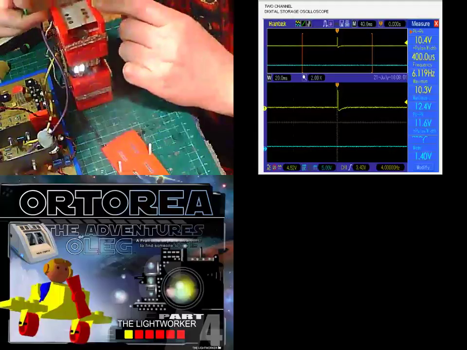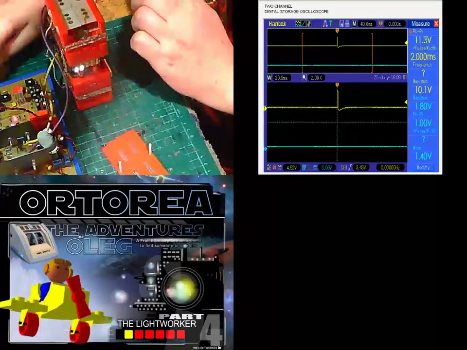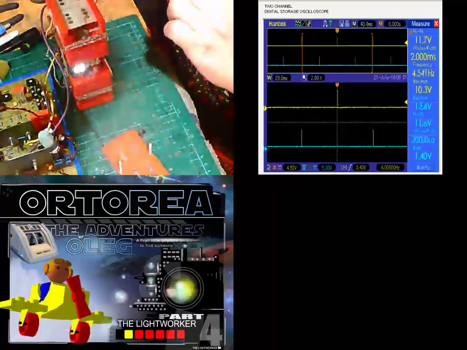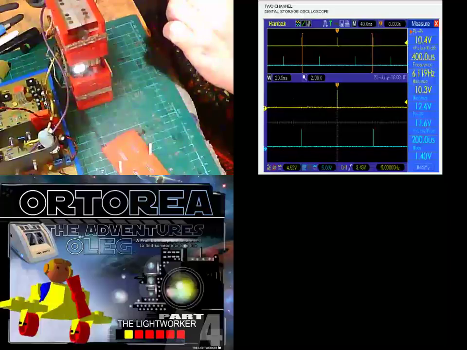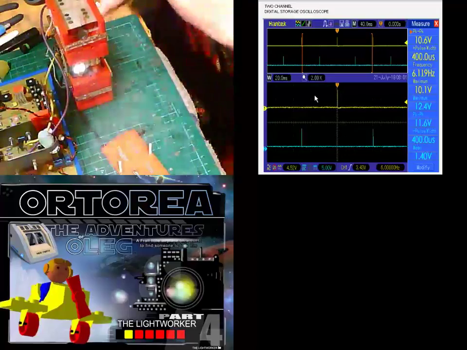We get it in the right place. Flipping computer. My CPU is just getting hot. Right.